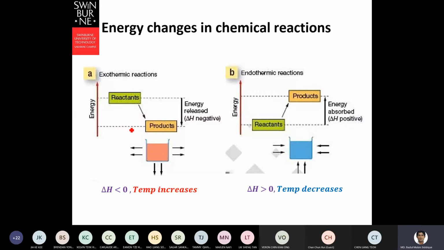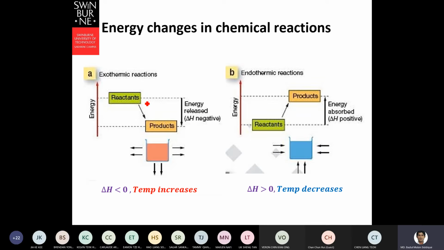When the reaction occurs, there are two possibilities for the heat changes. Either the reaction can produce heat, or the reaction needs heat to be provided to it.